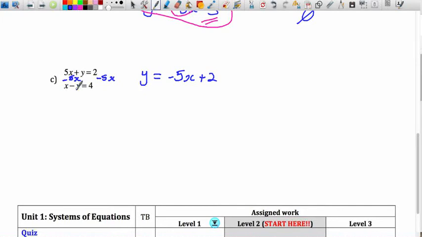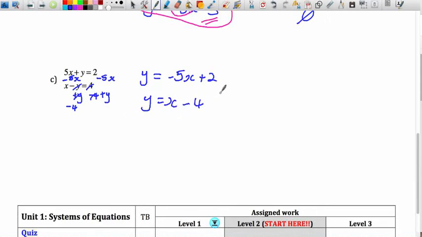For the second equation, I'm going to do something a little different this time. I'll add y to both sides and subtract 4 from both sides, and the result will end up exactly the same. The 4's cancel, and I end up with y on the right hand side. It doesn't matter if I write it on the left. The y's cancel, and I'll end up with x minus 4.